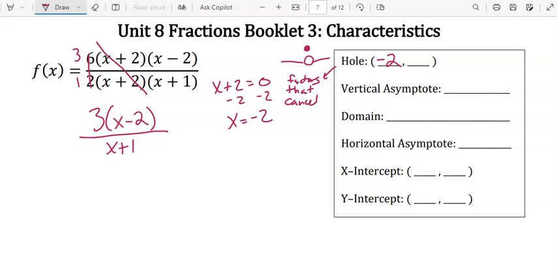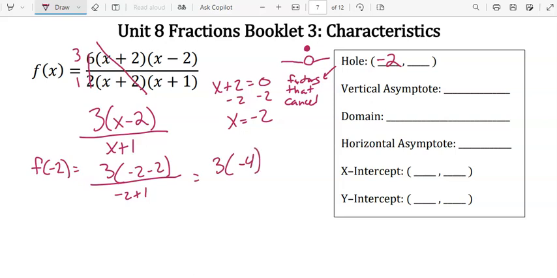And then to get the y value, you just plug in that x value, negative 2, into this expression. That's going to give you 3 times negative 4 over negative 1, which is 12.